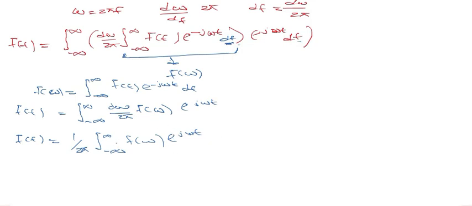Now don't forget, we are also having the omega, since we are rearranging the omega. So we know that f of t is this expression, and F of omega is this expression. Let's write this down to see what we've derived.